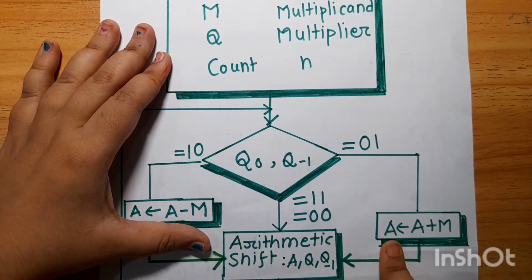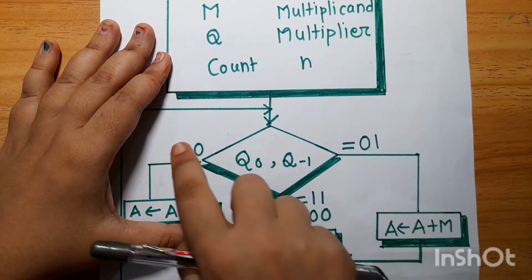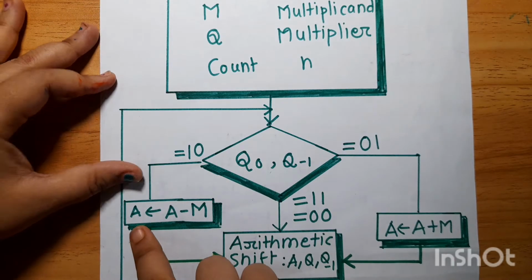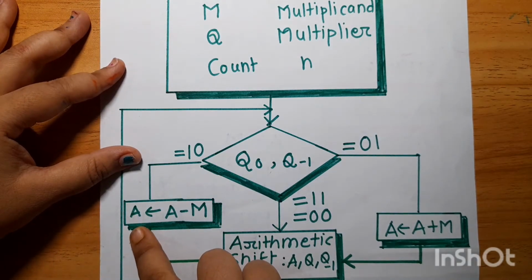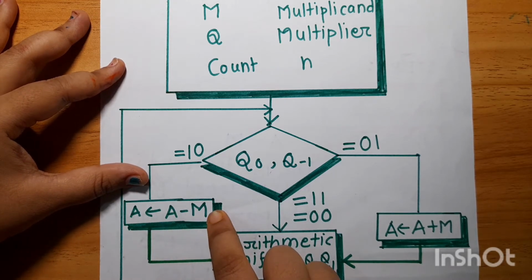I have to update the accumulator in such a way that the accumulator value will be the older value of accumulator plus M, that is the multiplicand. If this value comes as 1, 0, then how will I update the accumulator variable? I will update the accumulator variable with the old value of A minus the multiplicand value.